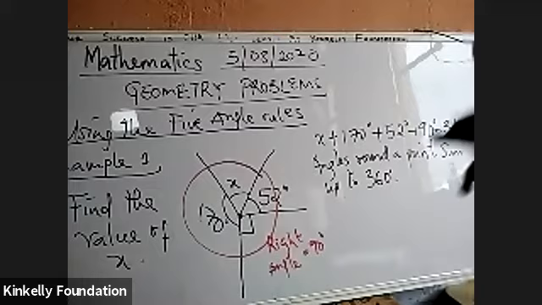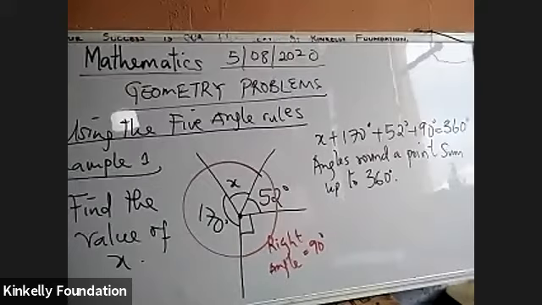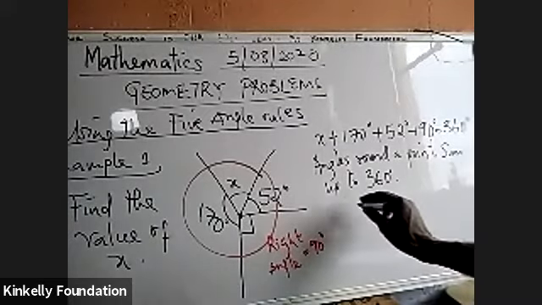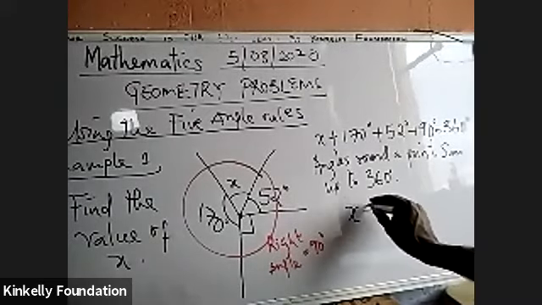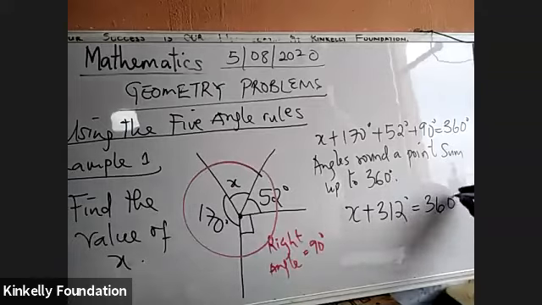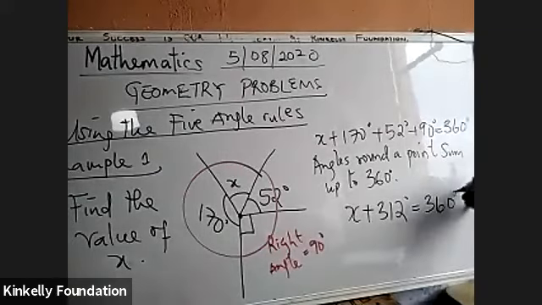So when you add, 170 plus 90 is 260. 260 plus 52 is what? 312. So what we have here is x plus 312 degrees is equal to 360 degrees.